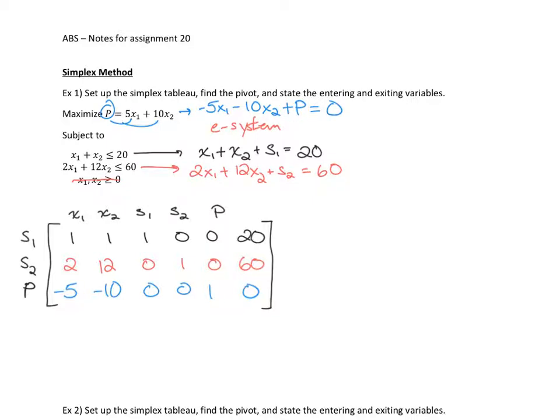So what are the s sub 1, s sub 2, p row labels for? The column labels are easy to see: how many x sub 1's are in each equation, and so on. The s sub 1, s sub 2, and p are always going to be this way, and they are just telling you where to look. These direct us to a 1 in the matrix along the row. Stop here at s sub 1 because that's where the 1 is.